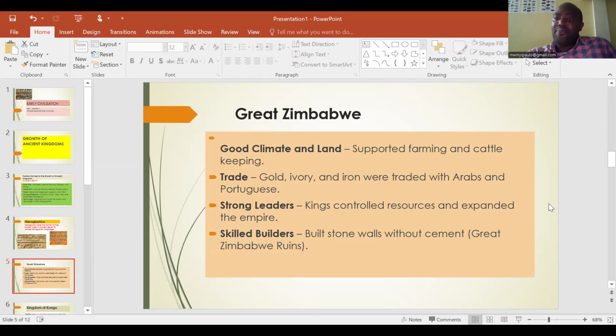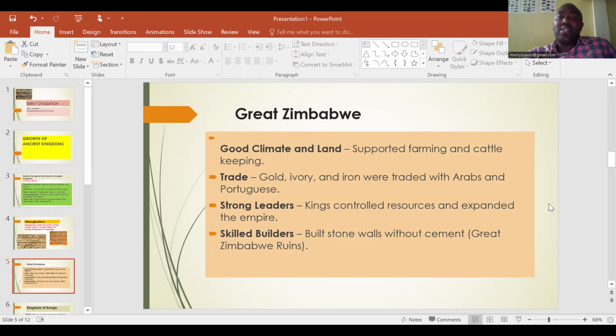Another factor, similar to what we've seen in ancient Egypt, is strong leaders. Great Zimbabwe had kings who controlled resources and kept on expanding the empire.